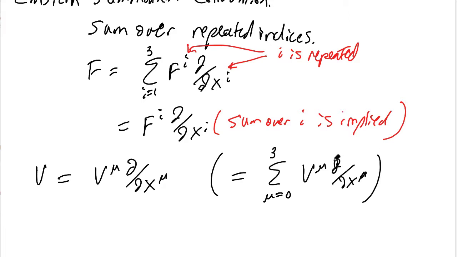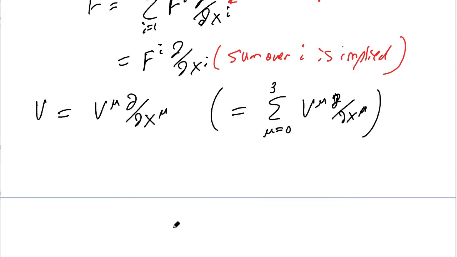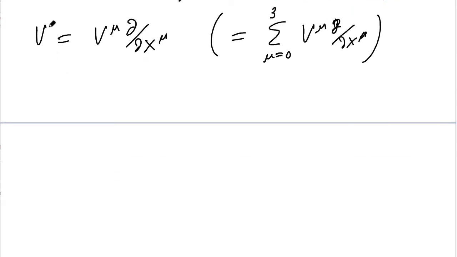With the Einstein summation convention, we don't have to write this sum sign explicitly, and we can shorten our expression just writing it this way. All right, so this is the expansion of some vector in terms of a coordinate basis x^mu.